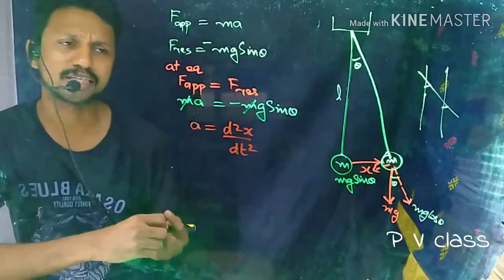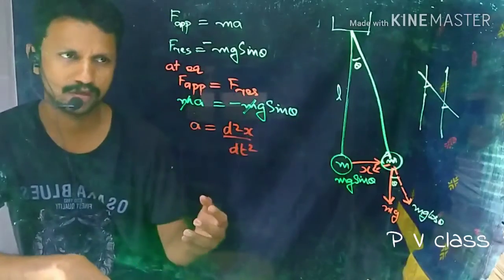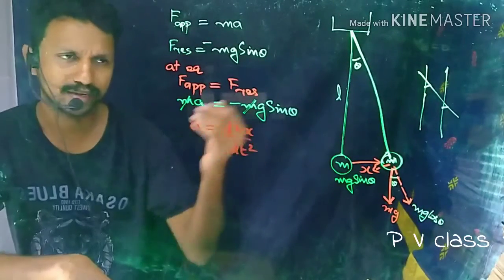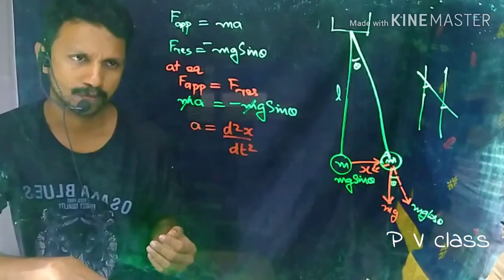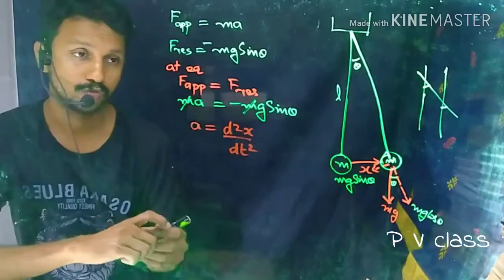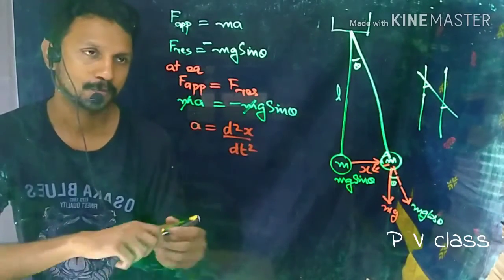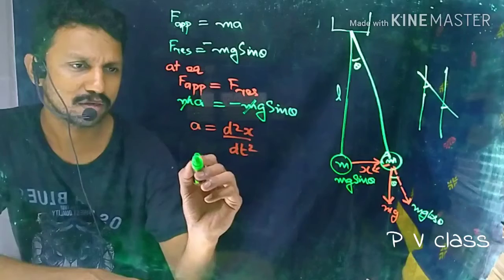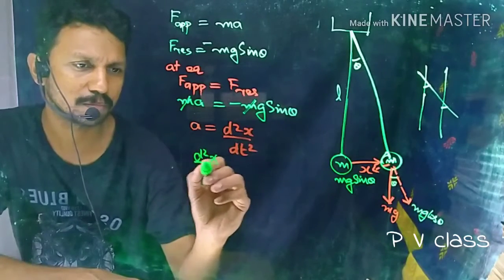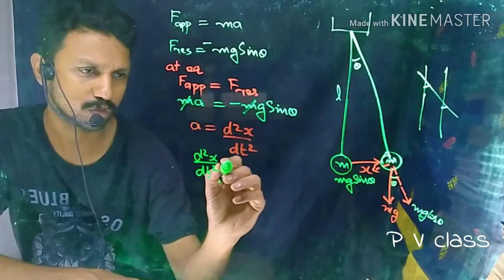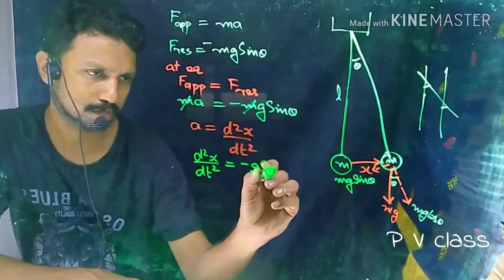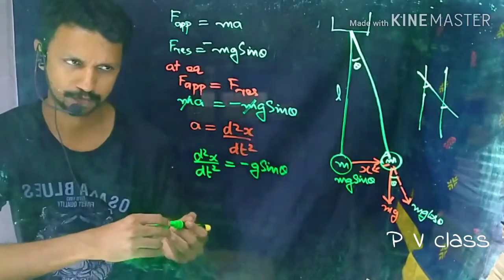This is the expression for acceleration, where x is displacement. Therefore, I could substitute for acceleration over here. Then I could write d square x by dt square is equal to minus g sin theta.